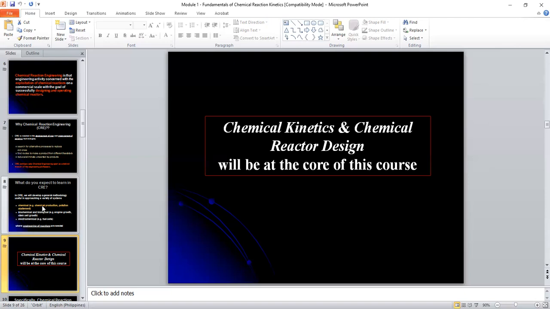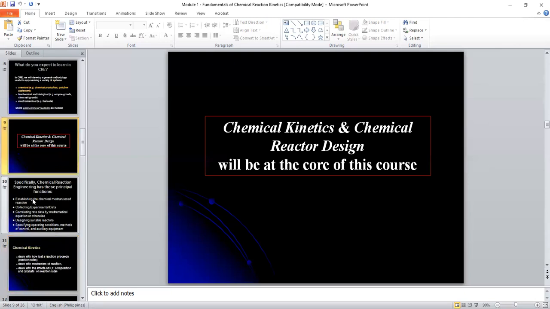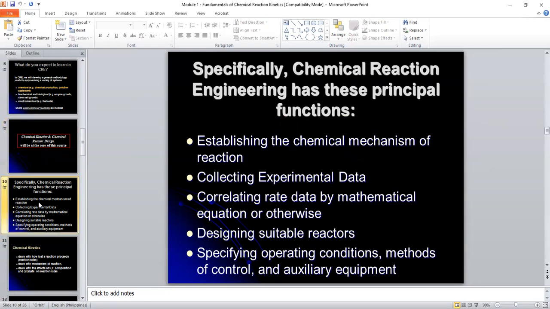These are the two core ideas that you will be dealing with or studying in detail in this particular course. Now, specifically, chemical reaction engineering has these principal functions. So we have laid down already expectations. So what are the functions now of this course or this vast body of knowledge?